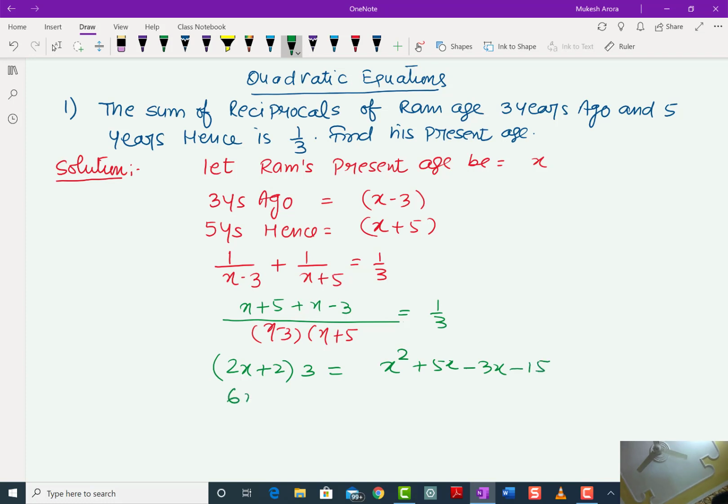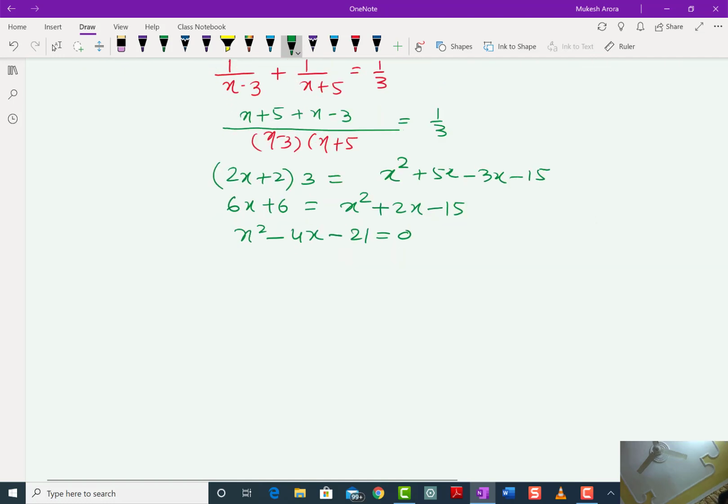So it will be 6x plus 6 is equal to x square plus 2x minus 15, or x square minus 4x minus 21 is equal to 0. Now we'll do the splitting of middle term.